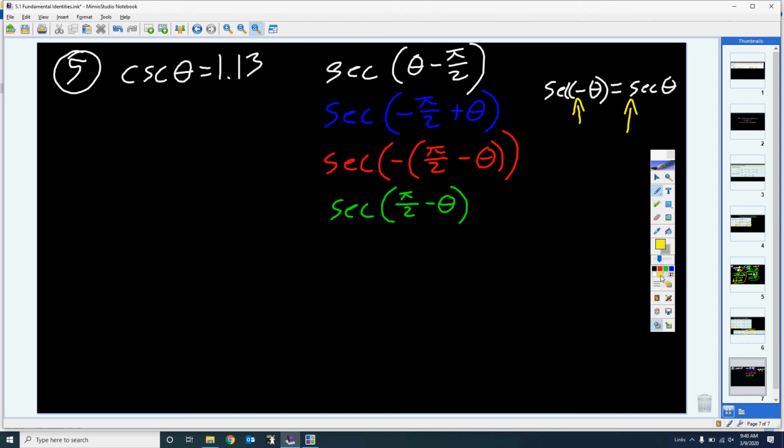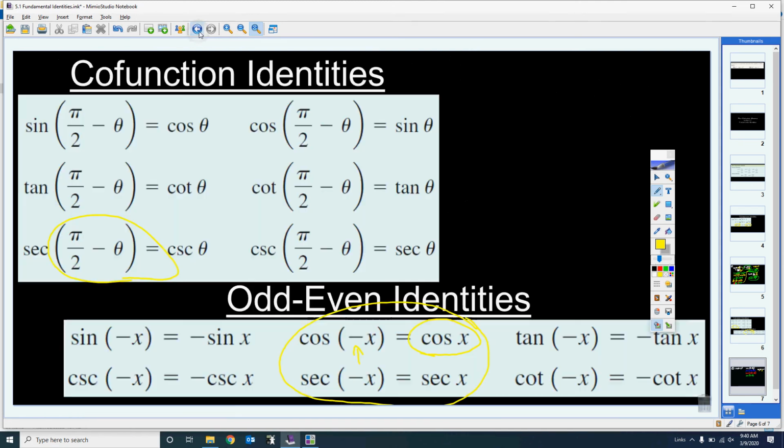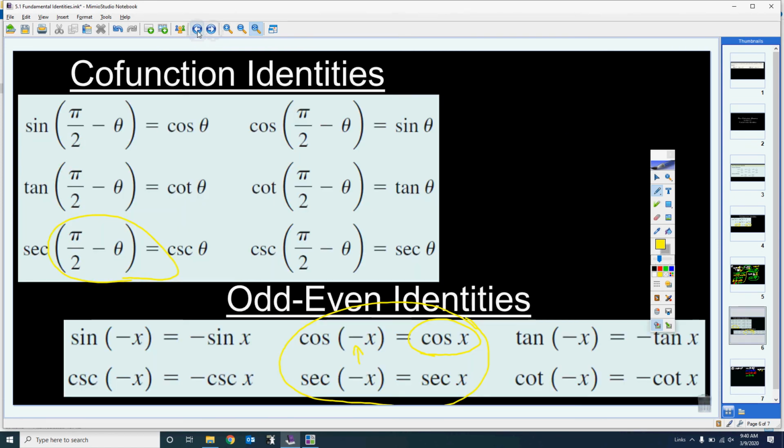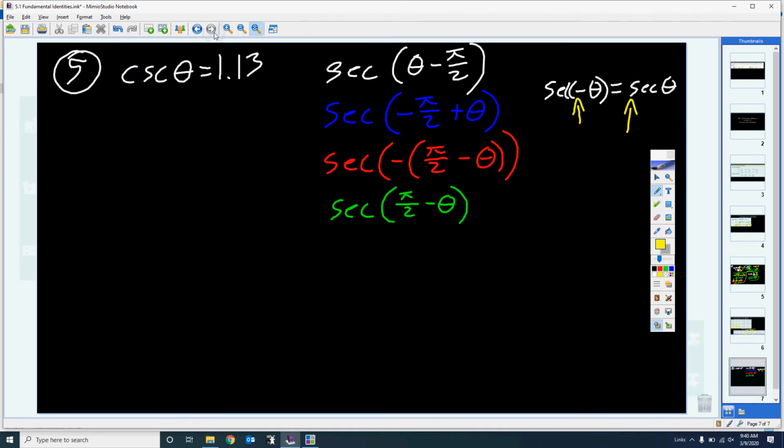Once I say secant of pi over 2 minus theta, I can say this is the same thing as cosecant theta. Up here it tells me that cosecant theta is 1.13.